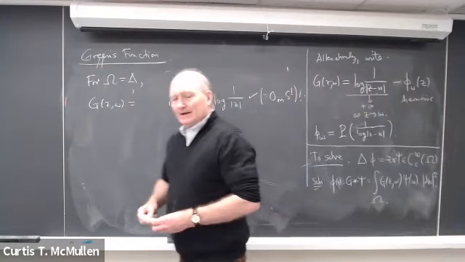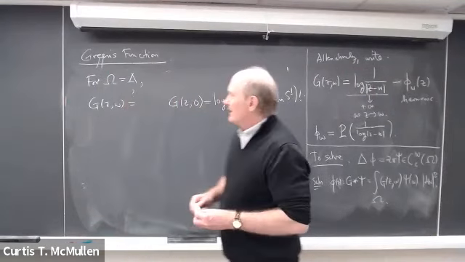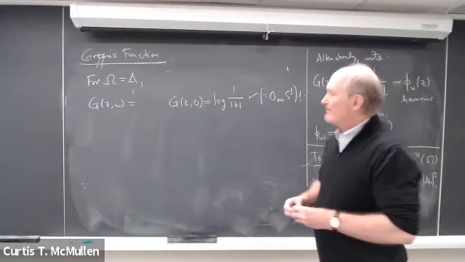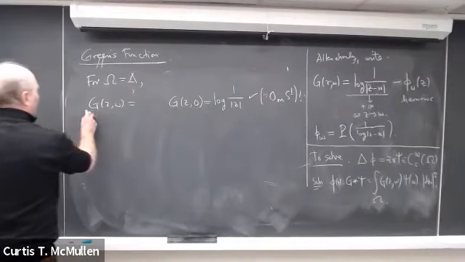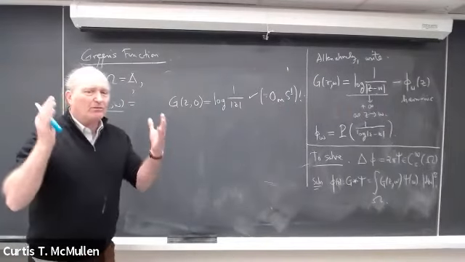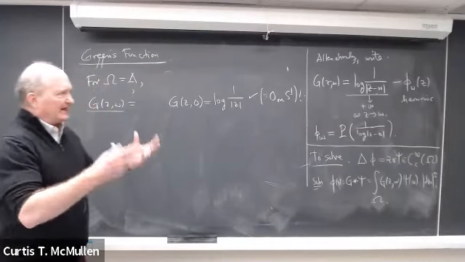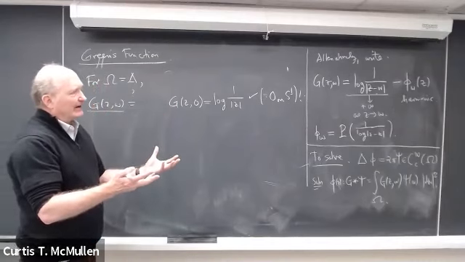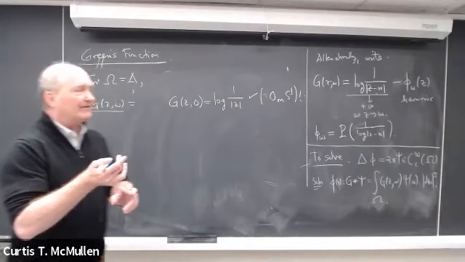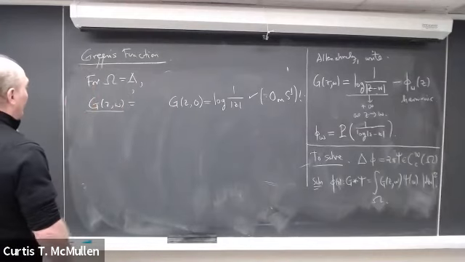But now once we know this, it's obvious what it is at every point, because the definition of the Green's function was natural. It is in fact a conformal invariant. It only makes use of the notion of the Laplacian and harmonic functions.